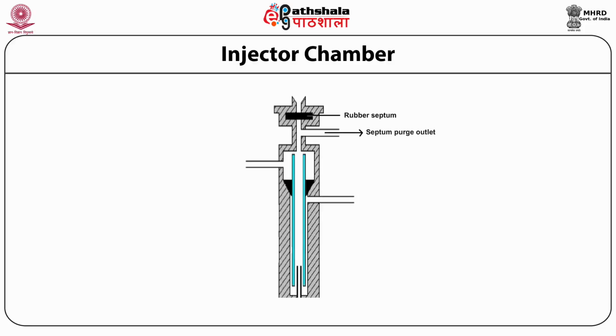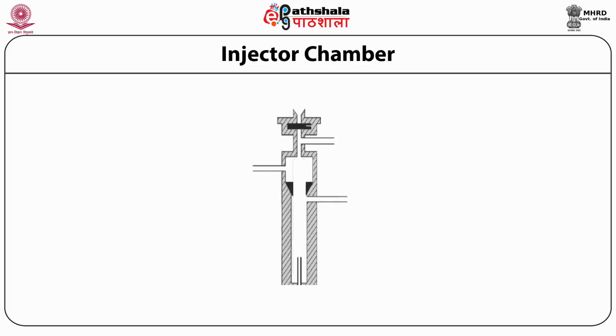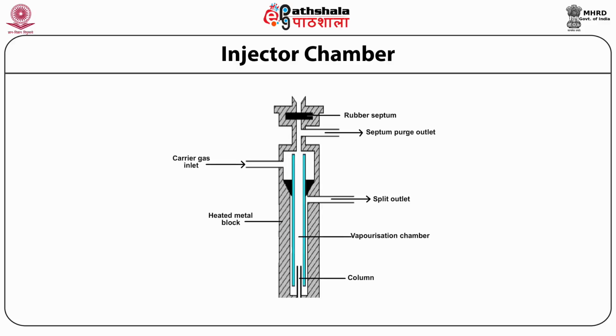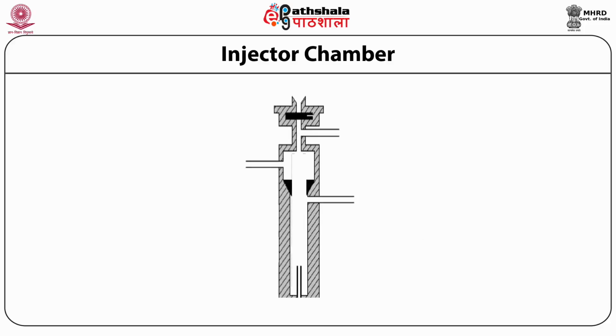So as you can see, the injector chamber has a rubber septum, and the syringe that loads the sample ruptures the septum. Then the sample is vaporized. There's the carrier gas inlet to one side, which will carry the sample onto the column, and then there's the split outlet, which will remove the sample that does not need to be loaded onto the column.